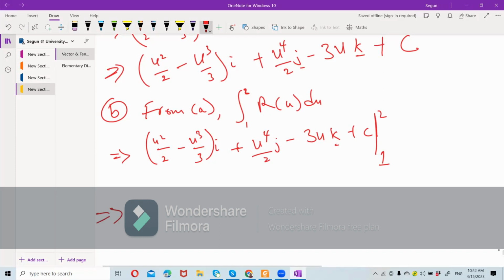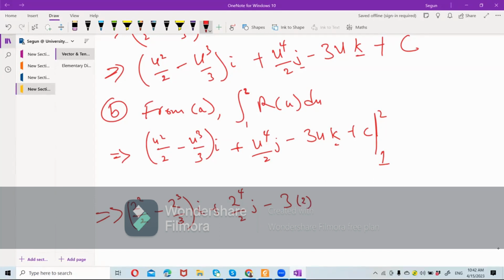So it's going to be 2 raised to power 2 over 2 minus 2 raised to power 3 over 3, I, plus 2 raised to power 4 over 2, J, minus 3 times 2, K, plus C, minus, open the 1, you substitute 1: 1 raised to power 2 over 2 minus 1 raised to power 3 over 3, I.